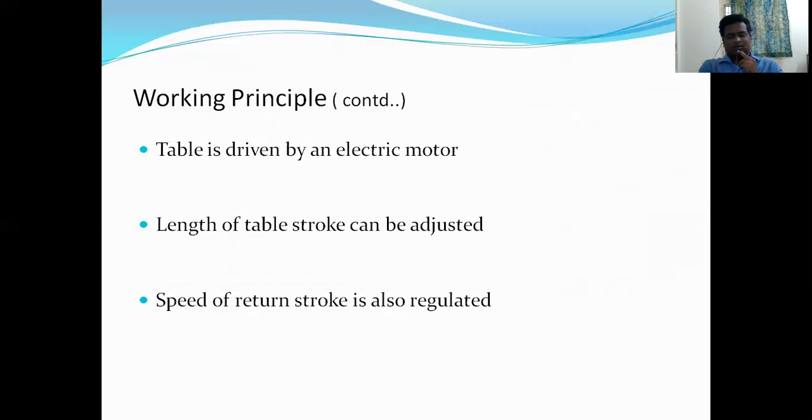Same like a shaper, the return stroke should be faster compared to the forward stroke, because in the forward stroke the cutting process takes place, whereas in the return stroke cutting is not done. It is an idle stroke. So for that reason, the speed of the return stroke is also regulated.